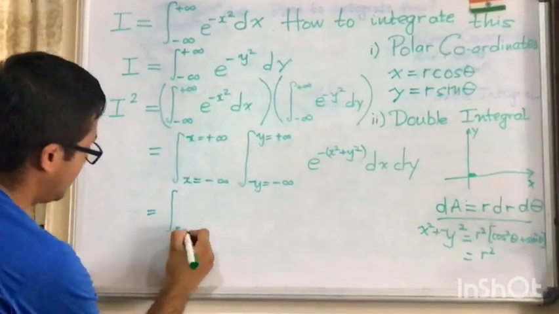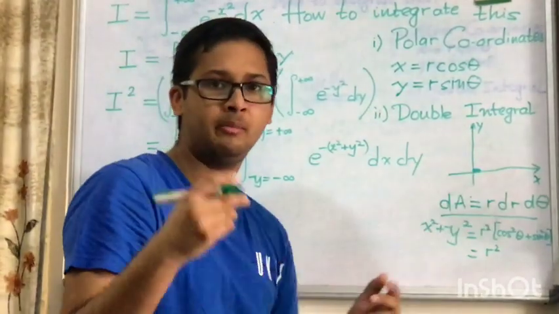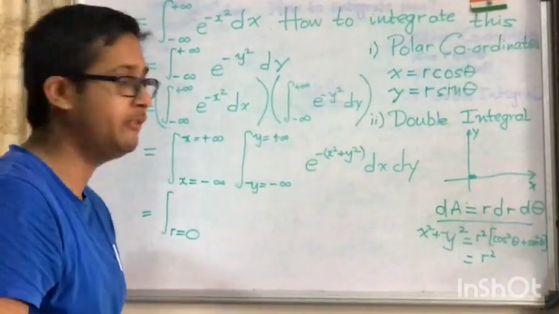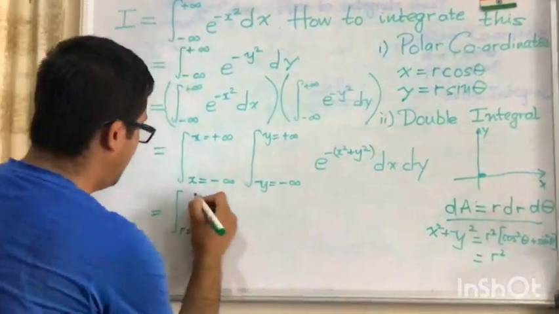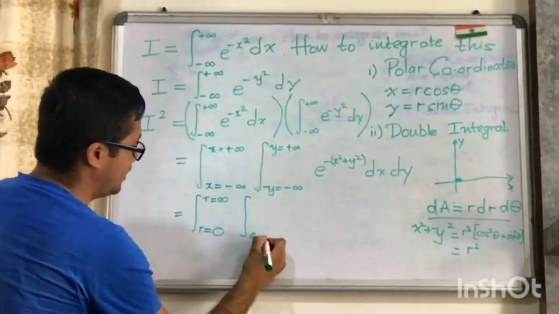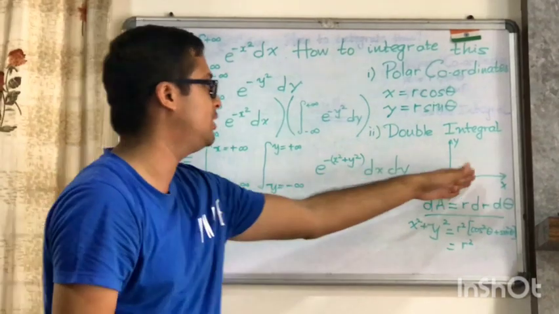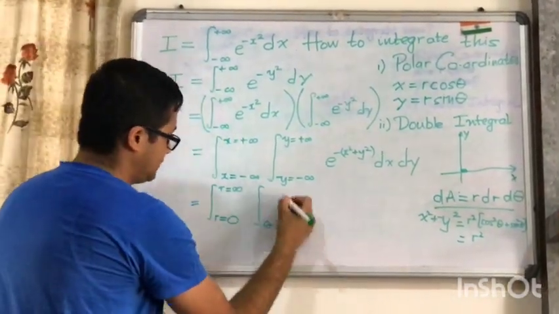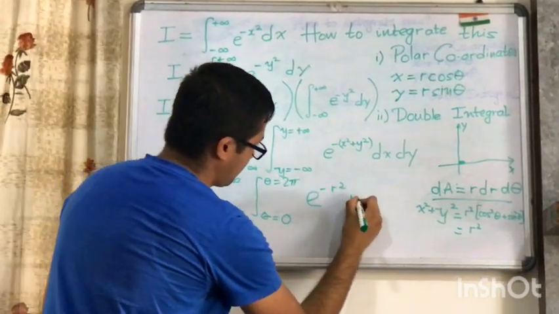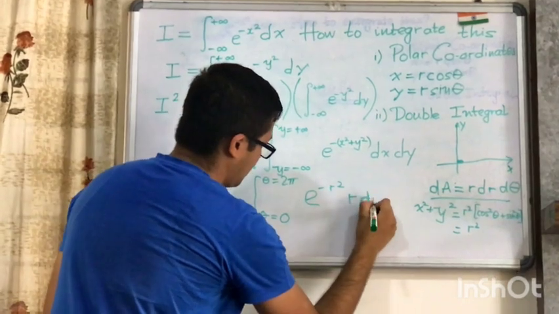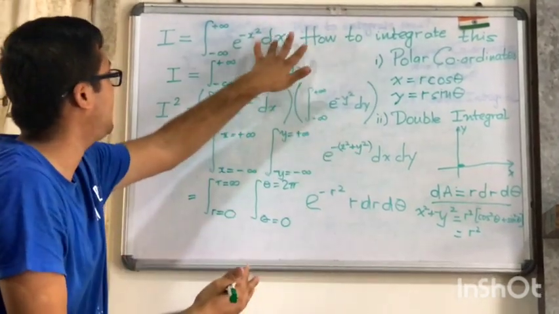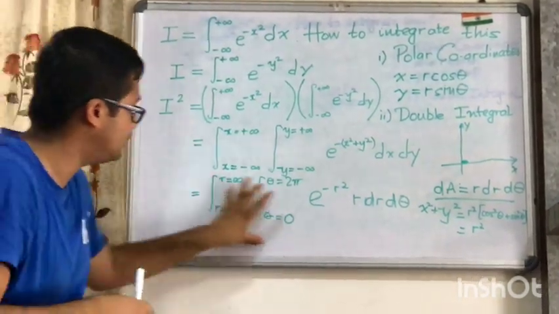Now r will start from 0, a circle of 0 radius or a point, to r equal to infinity, which means a circle of infinite radius covering the entire xy plane. And theta is an angle, so the angle goes from 0 to 2 pi, which is the complete circle. So finally we have converted our entire problem from the xy plane to the r theta plane, and the integral looks something like this.